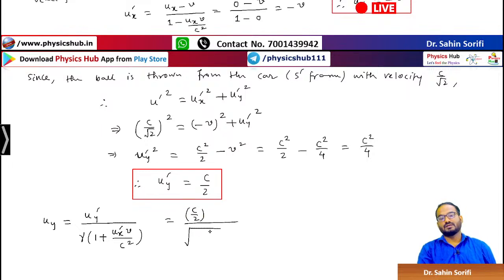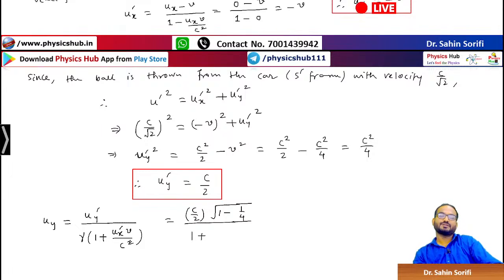Gamma is 1 by root over 1 minus v square by c square, so going up it is root of 1 minus v square by c square. V is c by 2, so it is 1 by 4. 1 plus ux prime, you have got minus v, so minus v square by c square. V is equal to c by 2, so it becomes 1 by 4 with a minus sign.